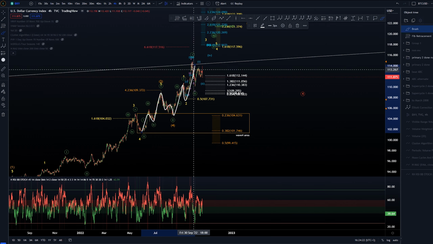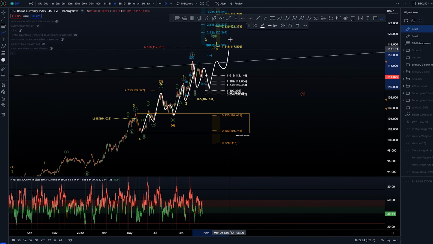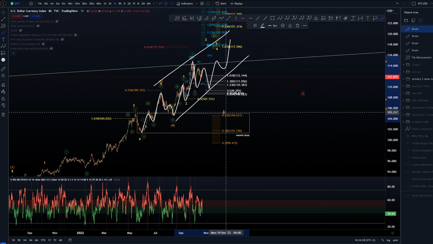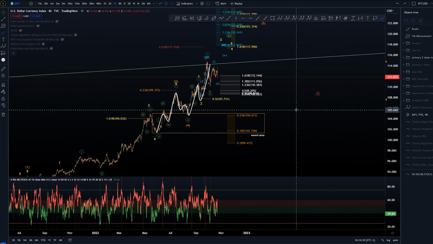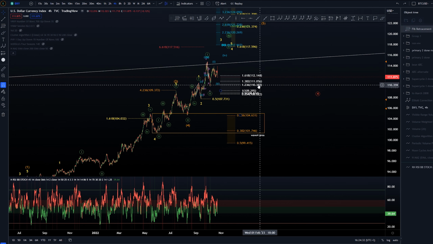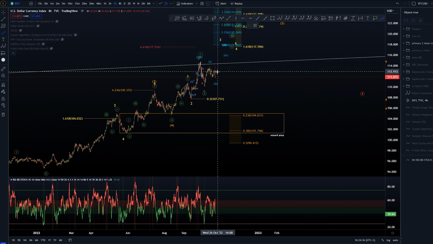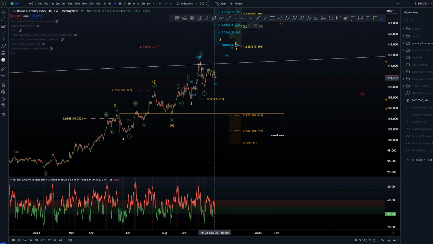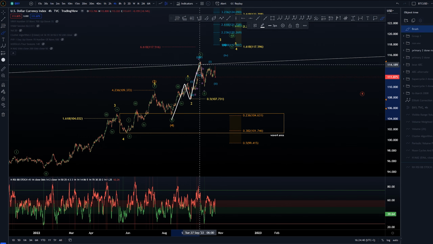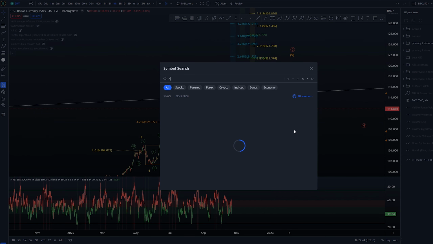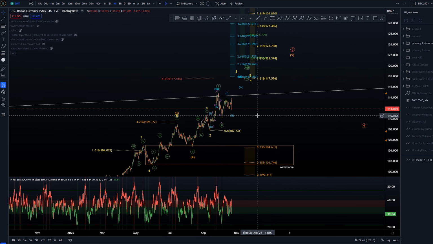maybe it is like that, and then we would have another 3 and 3 and try to create some kind of diagonal here. It is just not that easy to read this DXY chart at the moment, but the best looking at the moment, I do feel like it is this one, where we would have 1 2 1 2 1 2, and this would be very bad for all of the markets, as you know, for sure. But we'll see.